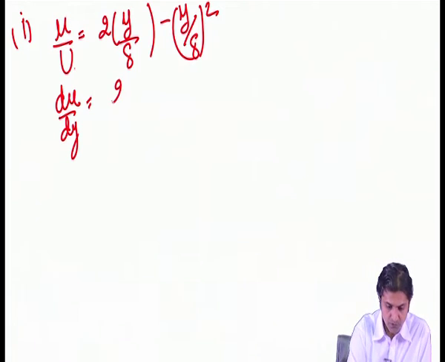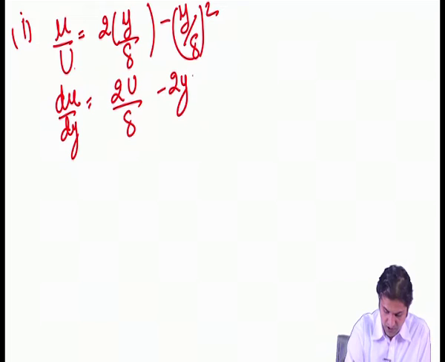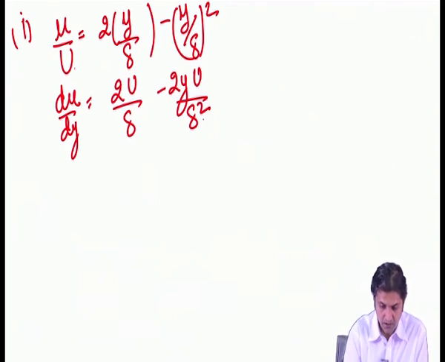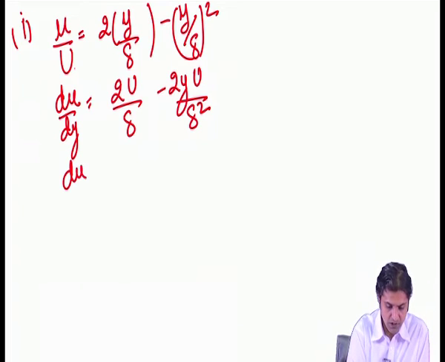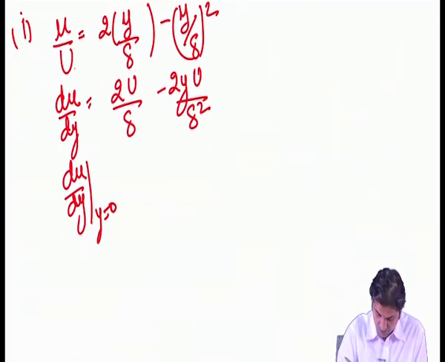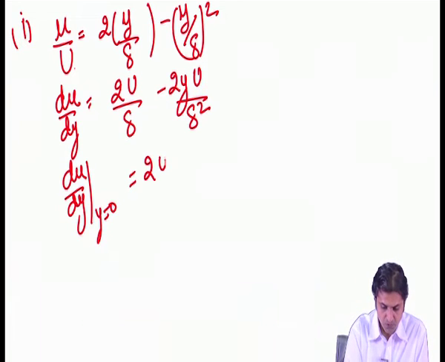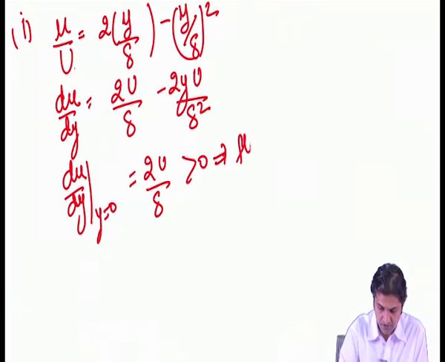So this is going to be 2u/δ minus 2yu/δ². And du/dy at y equal to 0 will give us 2u/δ, which is greater than 0, that means flow is attached.